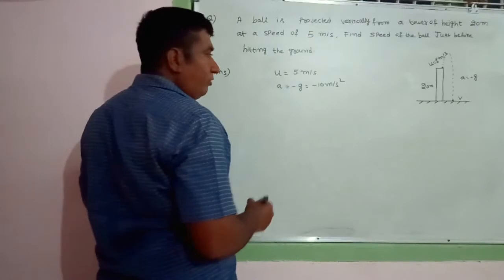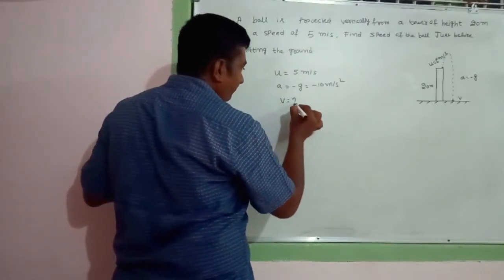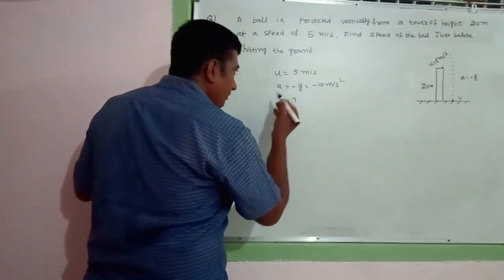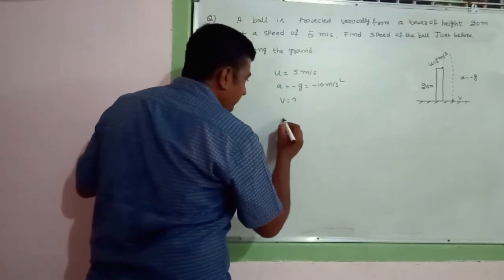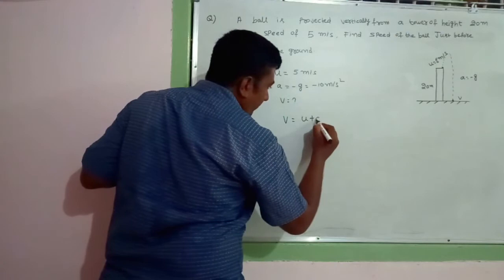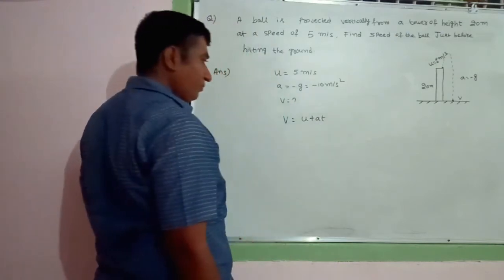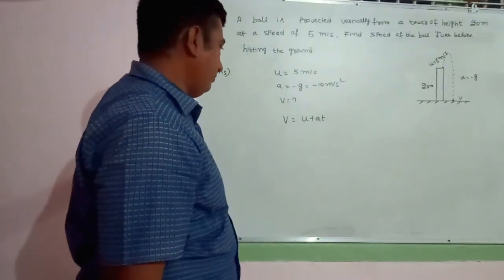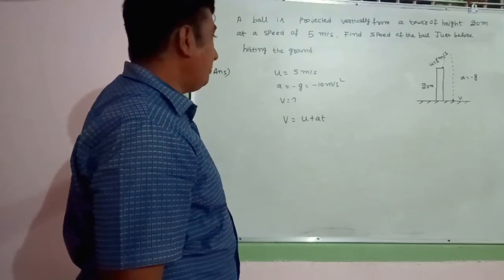We have to find the final velocity. With the help of this, v is equal to u plus at.